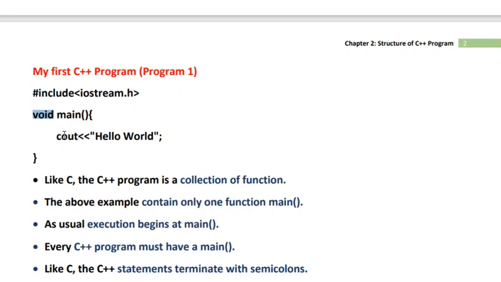In this particular program, I have placed cout, the insertion operator, and the string hello world. Now just see what cout is. cout is an object of iostream.h which helps us place this string, hello world, into the output stream.